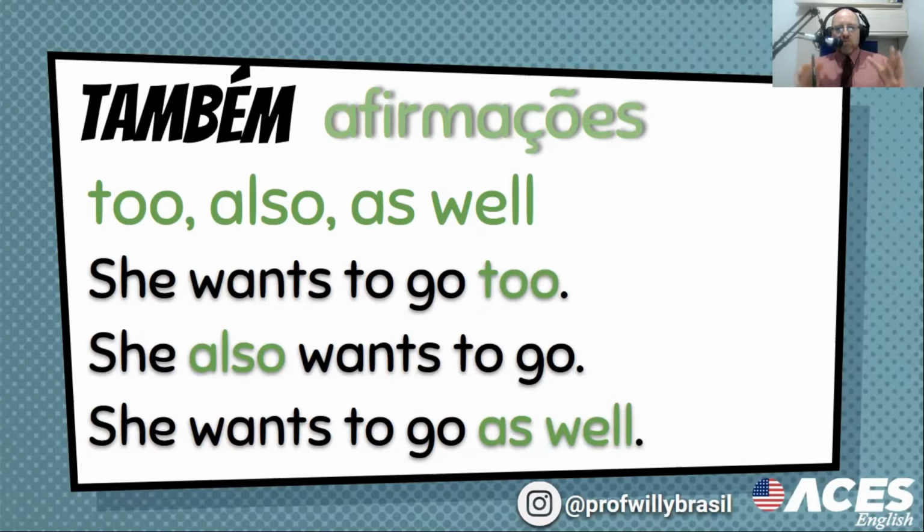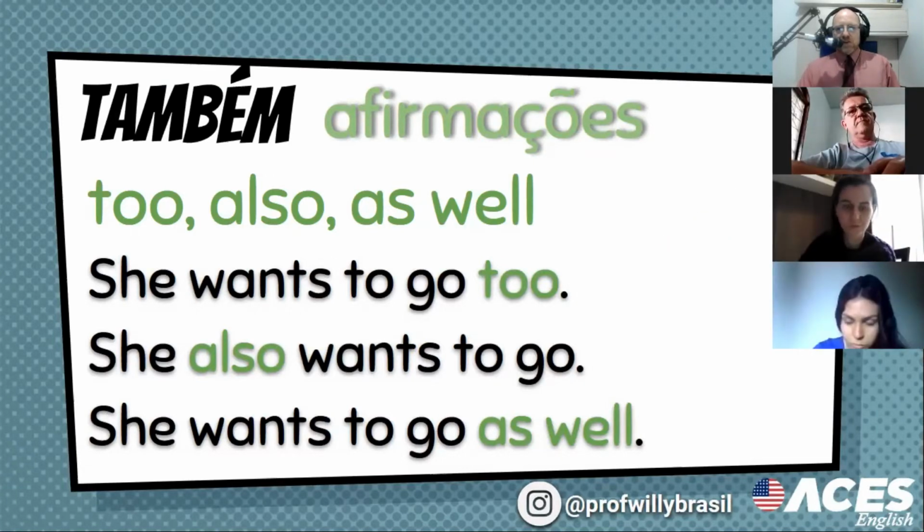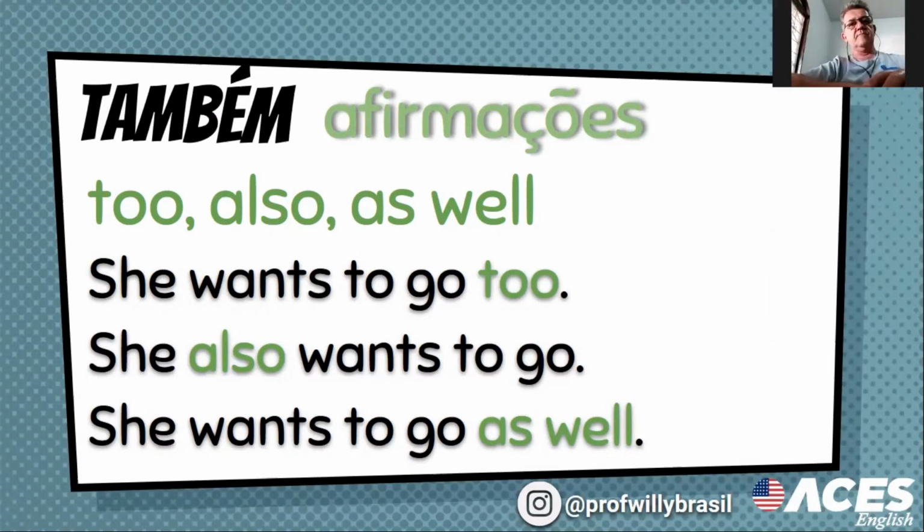So also, most of the time, we put after the subject, more at the beginning of the sentence. And she wants to go as well. So then we use as well at the end. So those are the three uses, or the three ways that we say também in statements, in afirmações, okay?